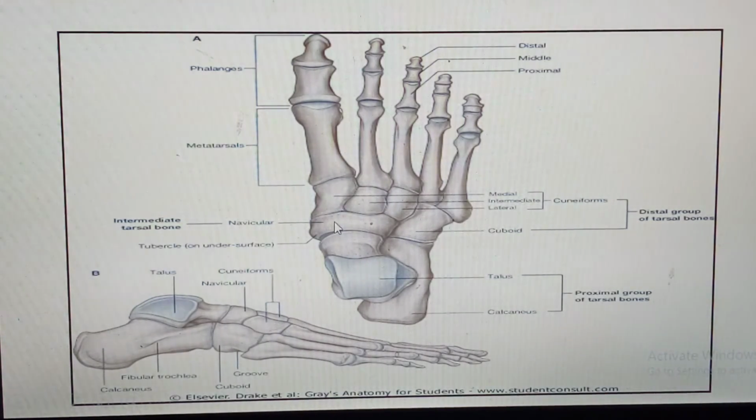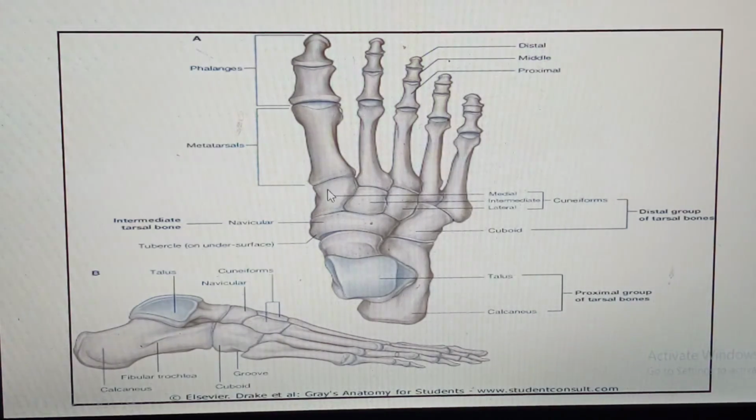And then we also have the distal row. For the distal row, from medial to lateral, we have the medial cuneiform, intermediate cuneiform, lateral cuneiform, and of course the cuboid. That's the distal row bones of the tarsus.